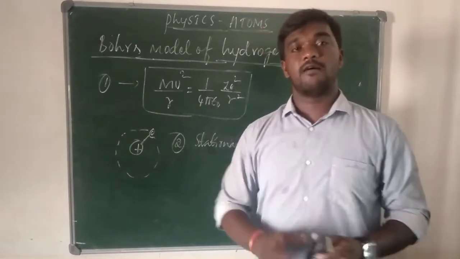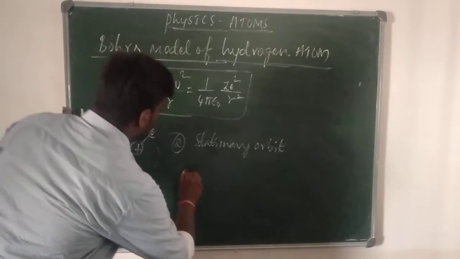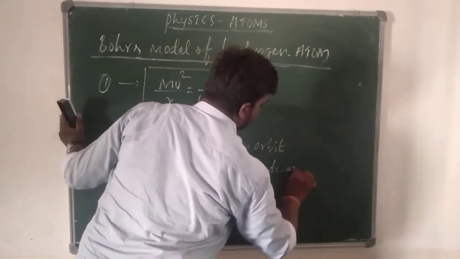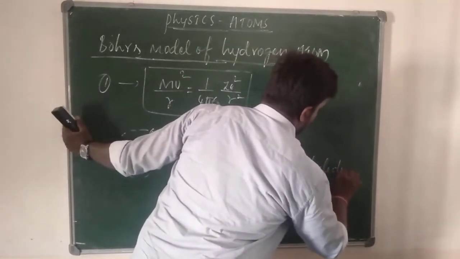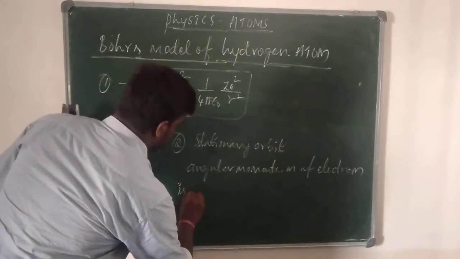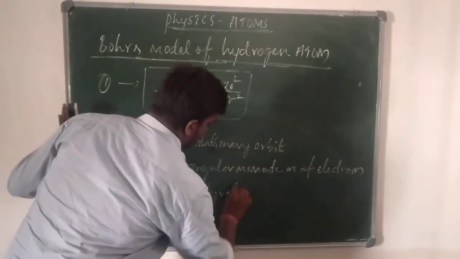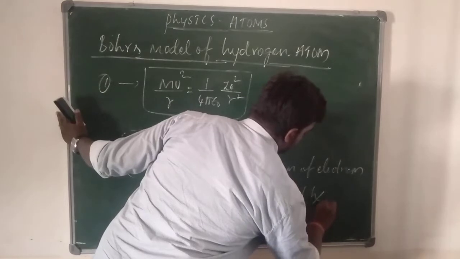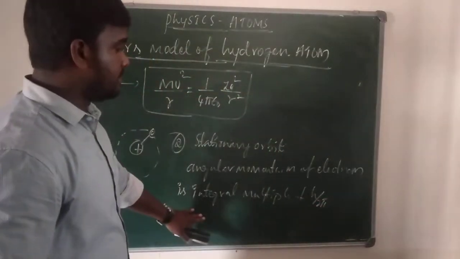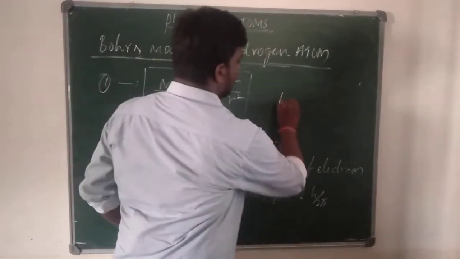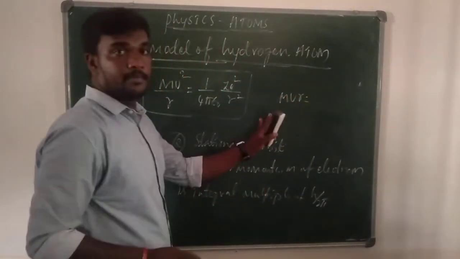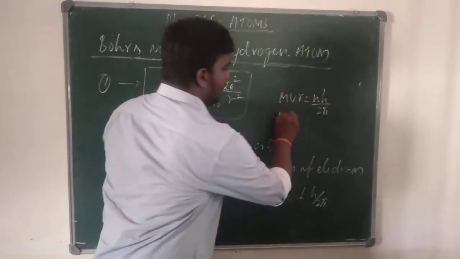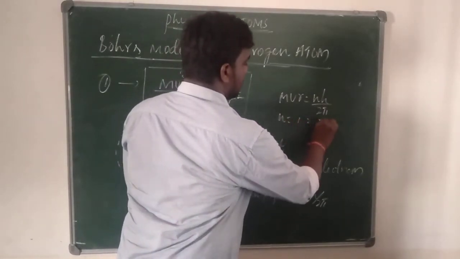is an integral multiple of h by 2 pi. Here the angular momentum of the electron, mvr, is equal to nh by 2 pi, where n is equal to 1, 2, 3, and so on.